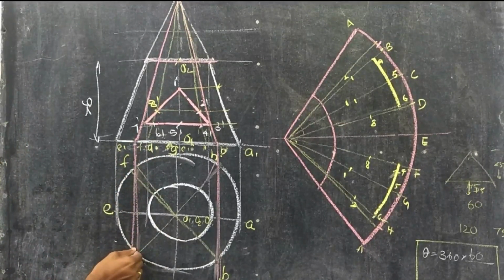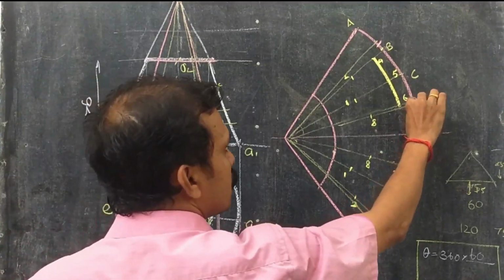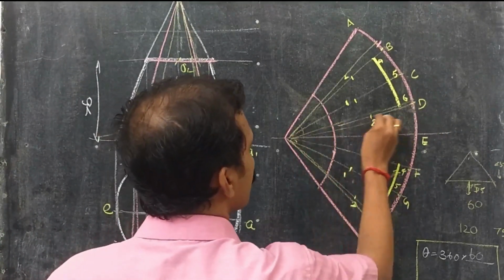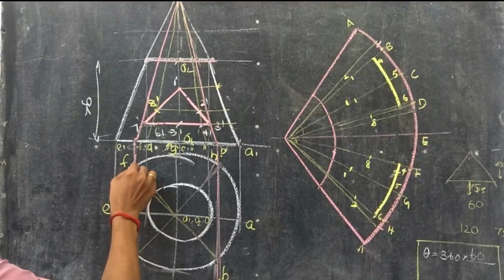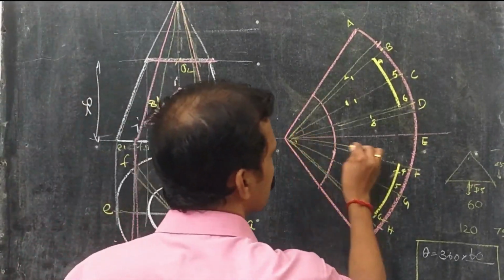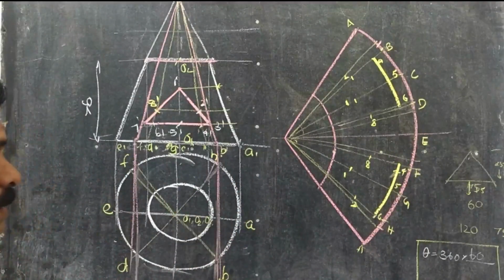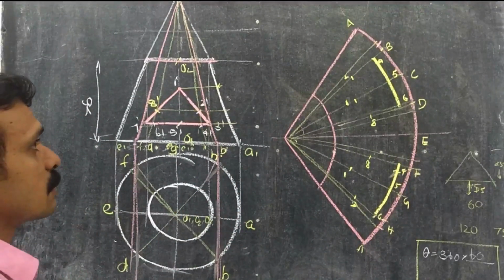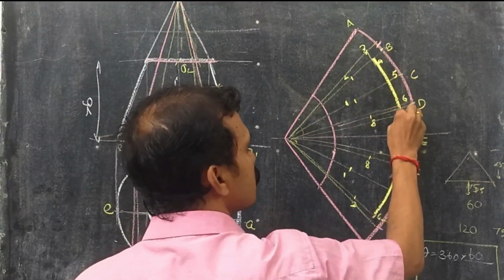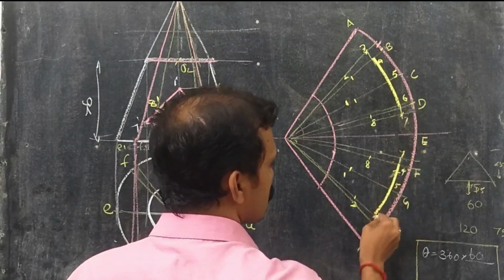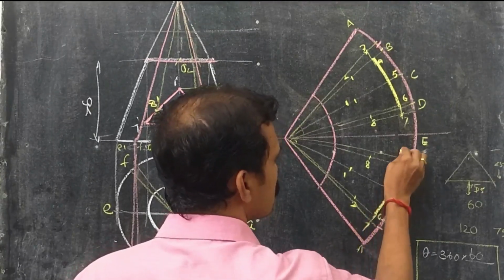So take this distance from D to E, from D to E. So a new generator. Similarly from E to F or F to E, this distance. So the new generator. On that line we can mark 3 and 7. This will be 3, this will be 7.